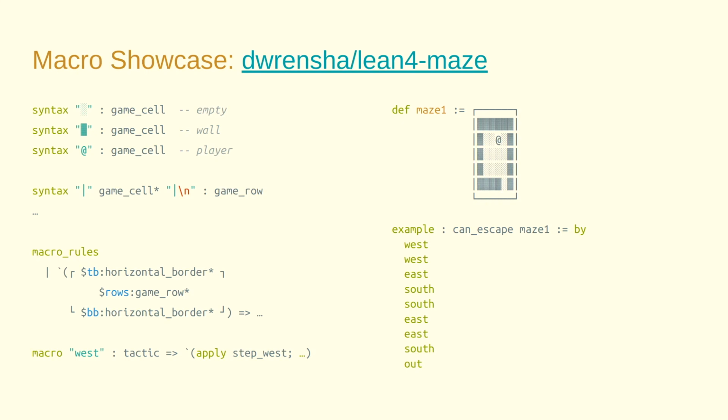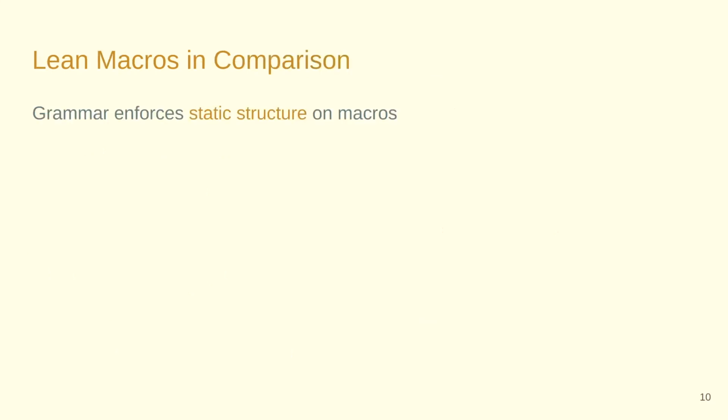All right. So I hope this shows you that you can do some fancy stuff in Lean using macros. And I don't have to tell you about macros in general, the Racket users after all. So apart from the relative lack of parentheses, what are some interesting differences in these macro systems? The most noticeable difference in Lean is the existence of a grammar that comes with every macro, that forces a static syntactic structure on the macros, right?